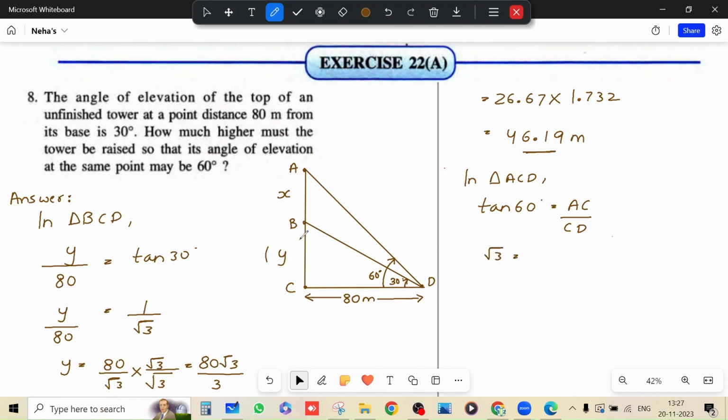The value of AC is equal to x plus y. So we will write it as x plus y divided by CD, that is equal to 80. The value of x we have to calculate, and y we have already found out as 46.19 meters.